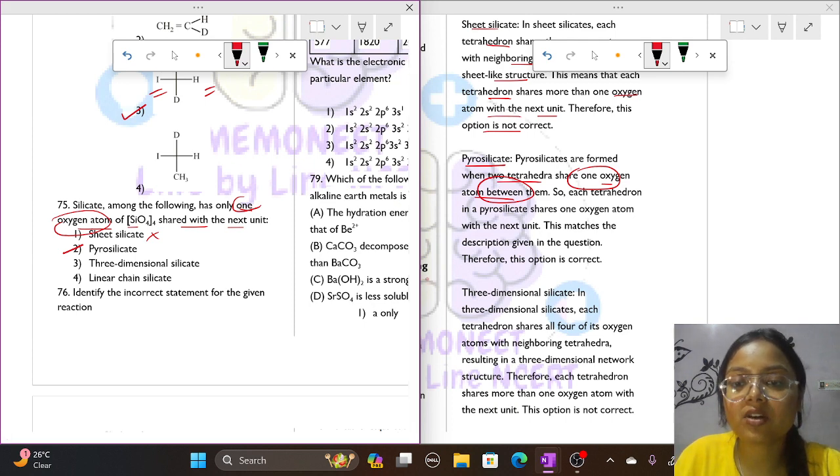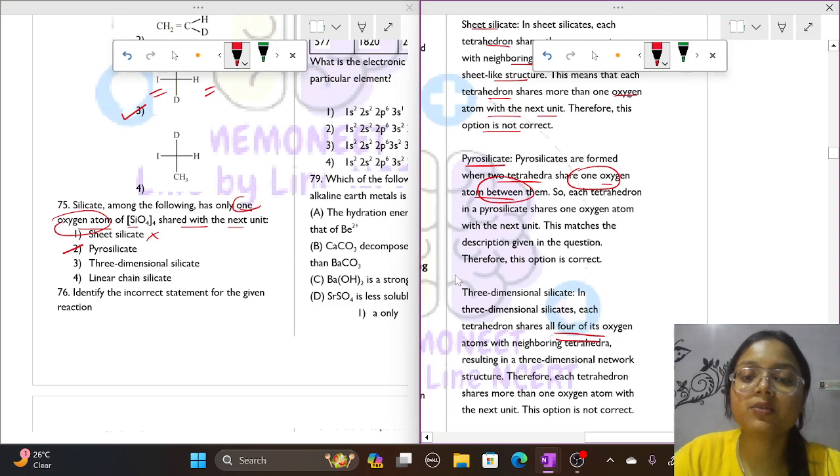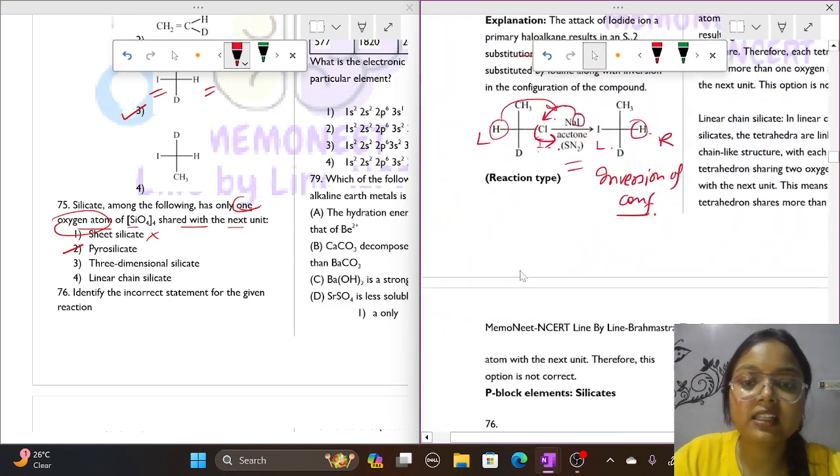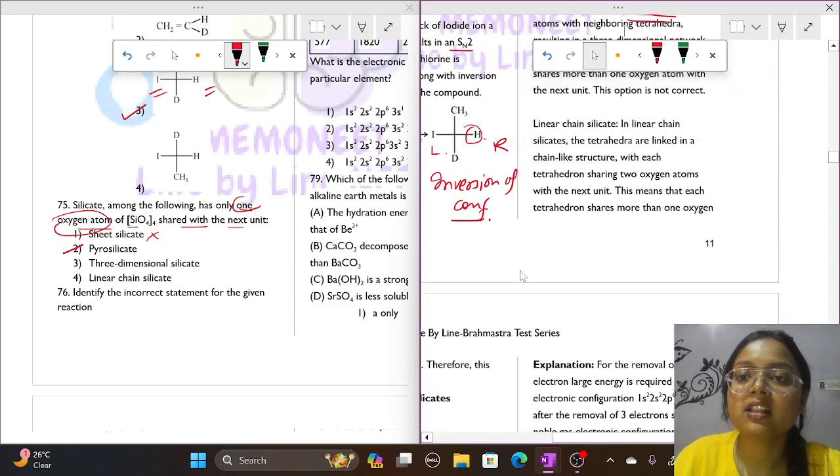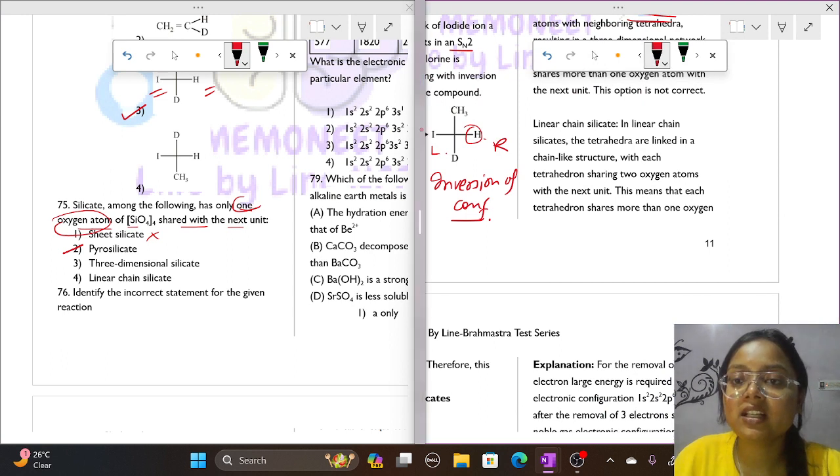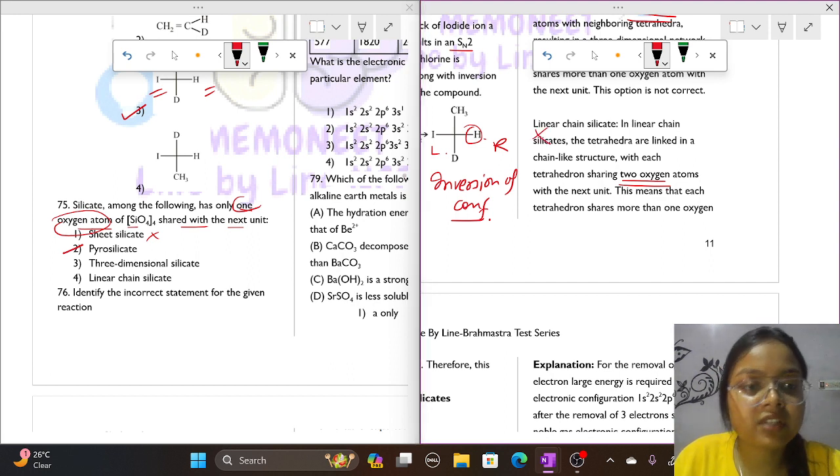Three-dimensional silicate shares 4 oxygen atoms, so this will be incorrect. And the linear chain silicate shares 2 oxygen atoms, so it will also be incorrect. So the one which shares one oxygen atom is pyrosilicate. Okay, pyrosilicate will be the correct option.